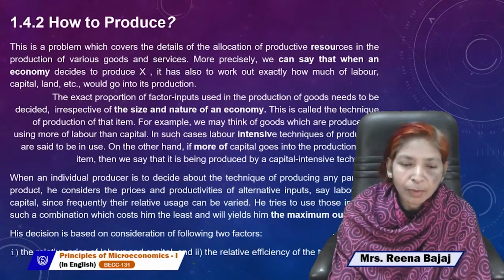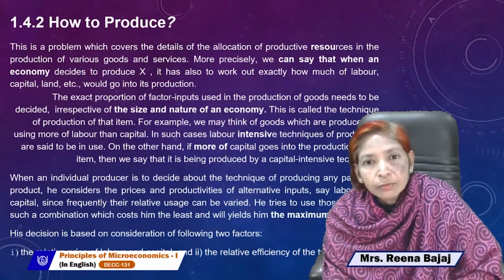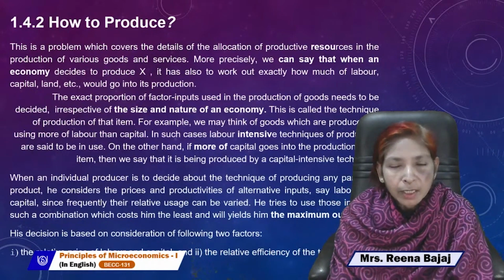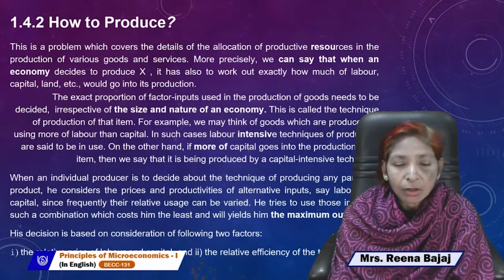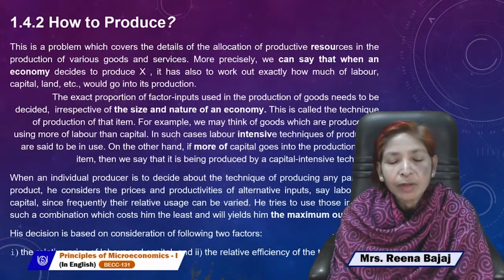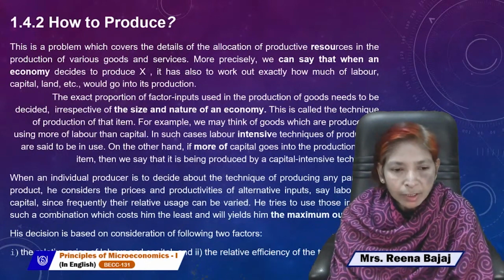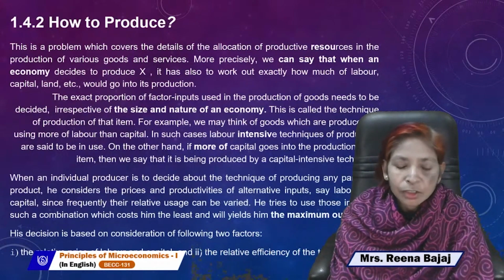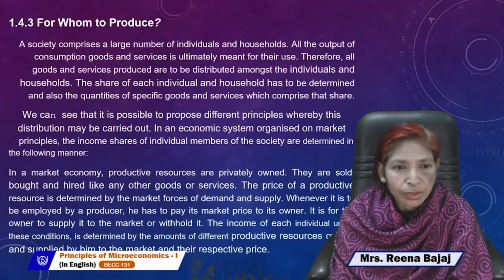Either we can use labor intensive technology or capital intensive technology, but we will use that type of technique which is available in abundant quantity in our country, because if it is not scarce, it will be available at a cheaper rate, and the producer can earn maximum profit by using the technique which is available at a cheaper rate. Third problem is for whom to produce.